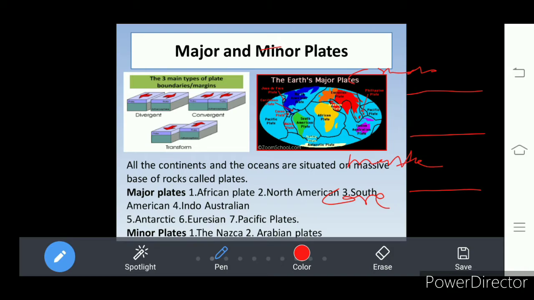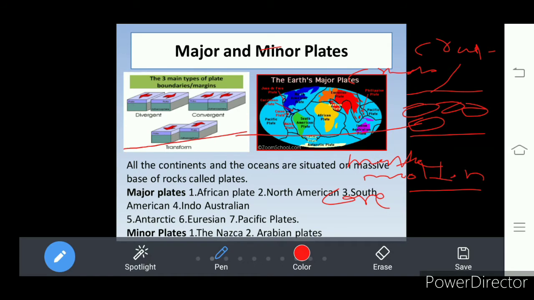So here we find molten material at the mantle. This is the crust part that I showed here. Understand? Below the crust part, there is a massive base of rocks, which we call plates. Understand?